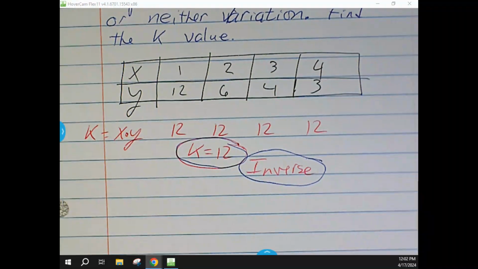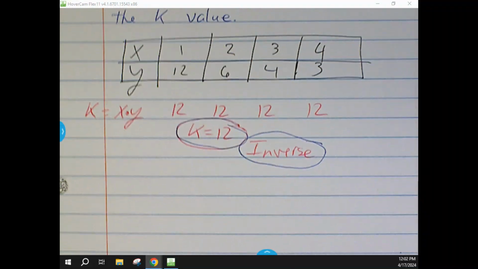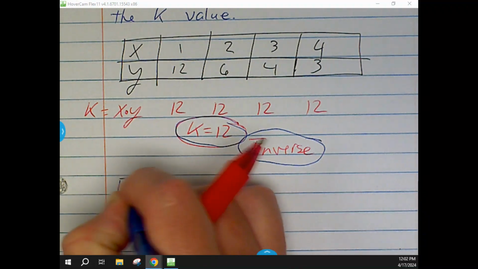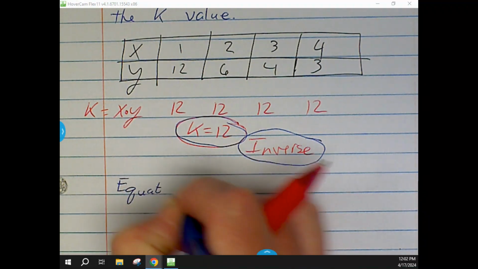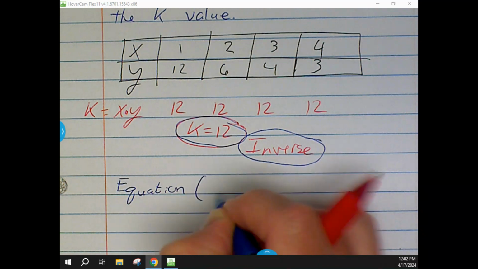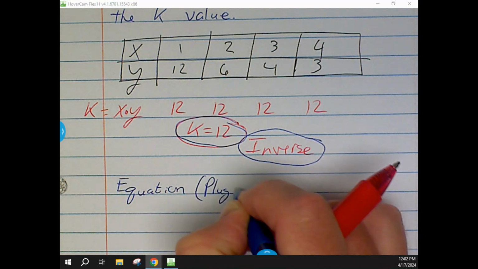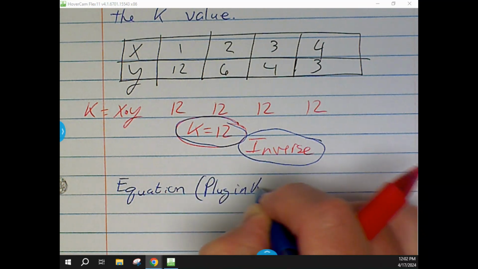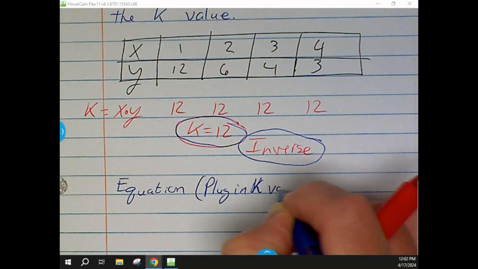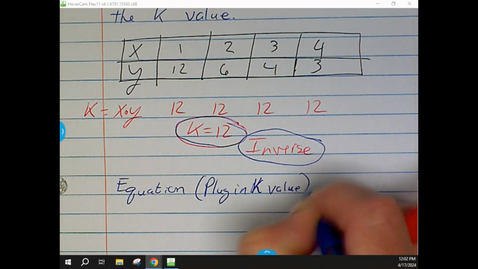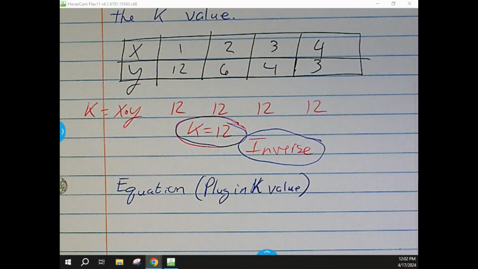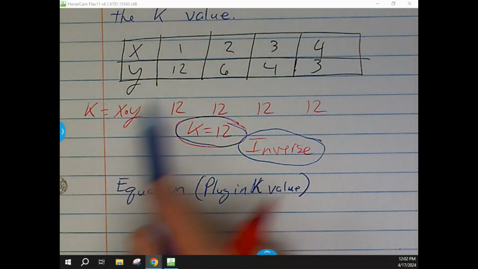Now if they do this one, and we didn't do this earlier, but we'll talk about this one. If they ask you for an equation, that means you just plug in the k value. So finding the k value is pretty easy. Just multiply them together.